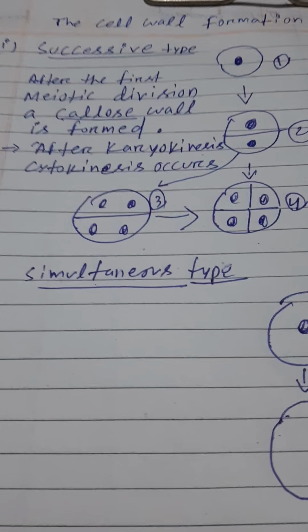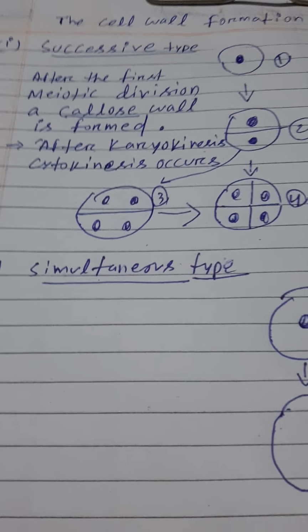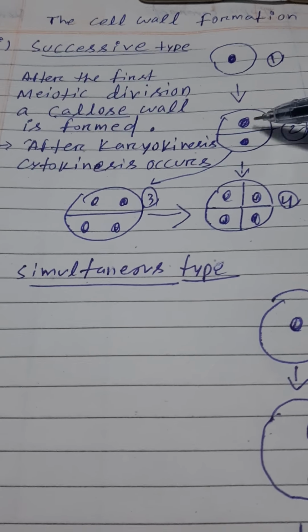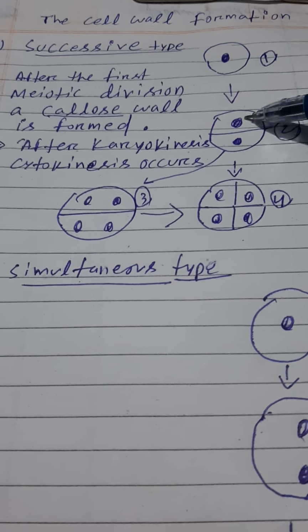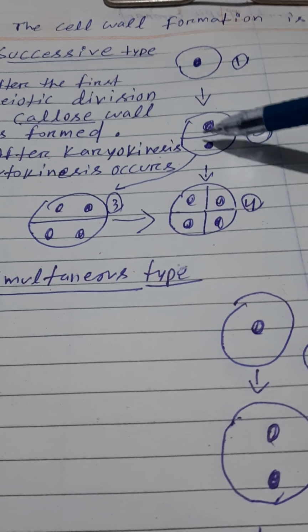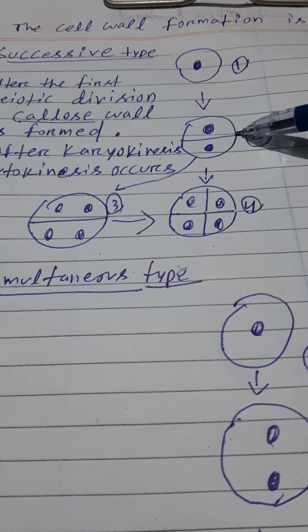So ultimately two complete cells get formed. You can see here that first the nucleus divides, so you can see two nuclei here, and after karyokinesis, cytokinesis follows.